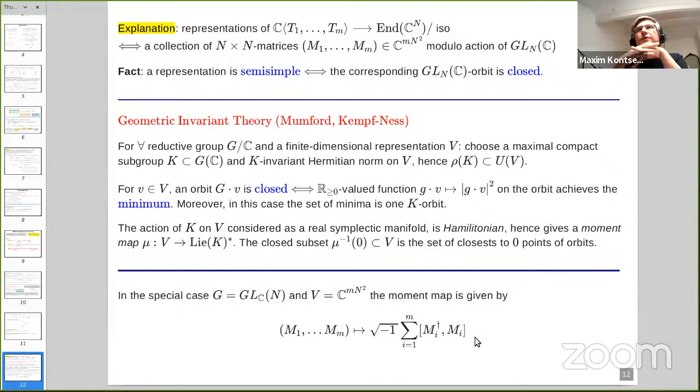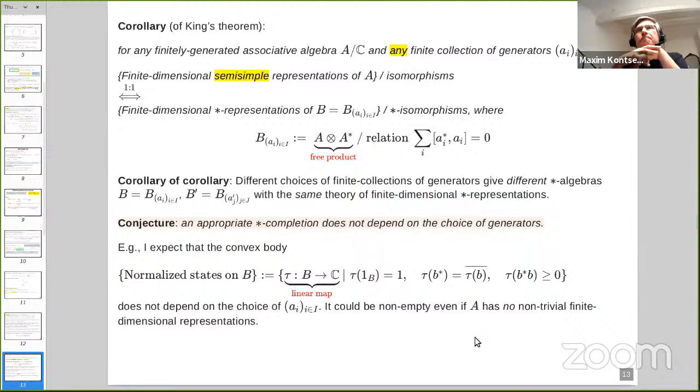But here something really funny goes on. Consider now any associative algebra which is finitely generated. Choose any finite collection of generators and consider finite dimensional semi-simple representations of the algebra up to isomorphism.